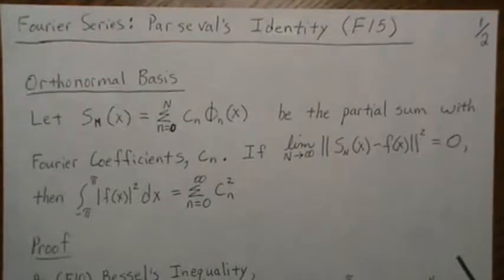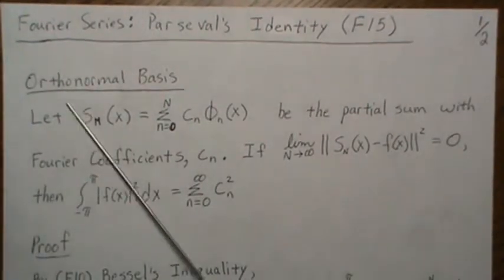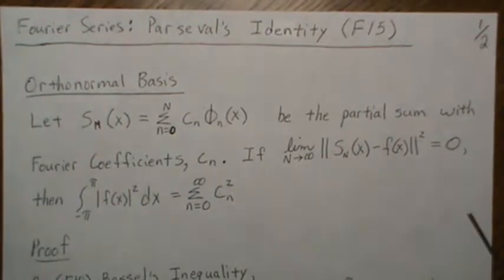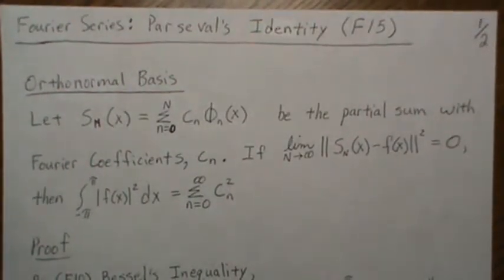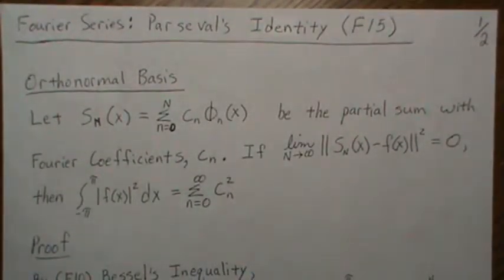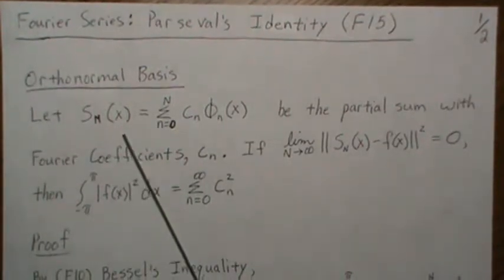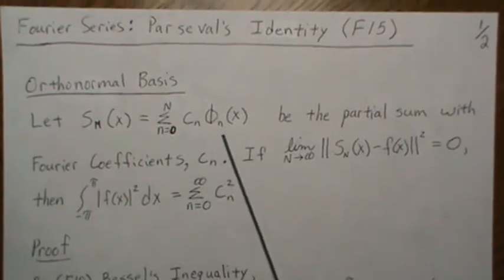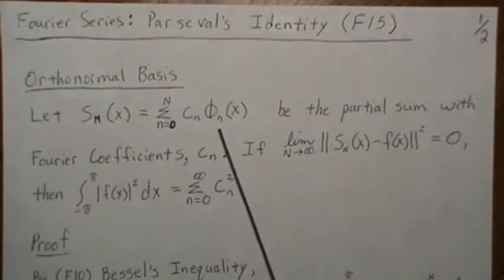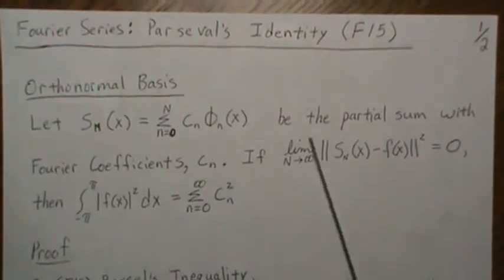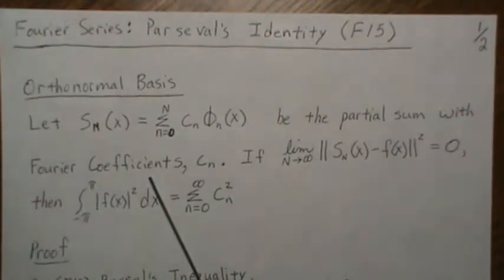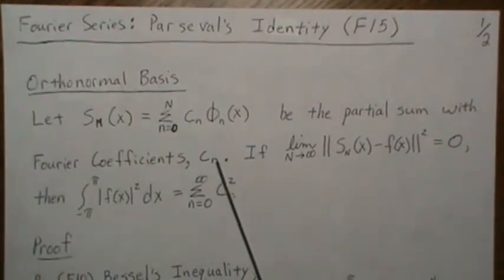So we're going to treat Parseval's identity in two cases. One when we have an orthonormal basis of functions, and the other is an orthogonal basis of functions. So here we're going to let the partial sum of this linear combination of our orthonormal basis functions be the partial sum with Fourier coefficient Cn.